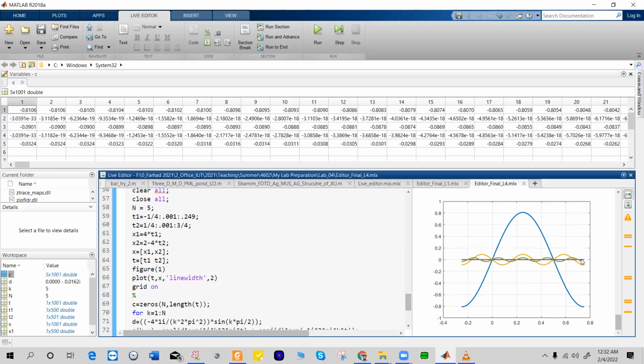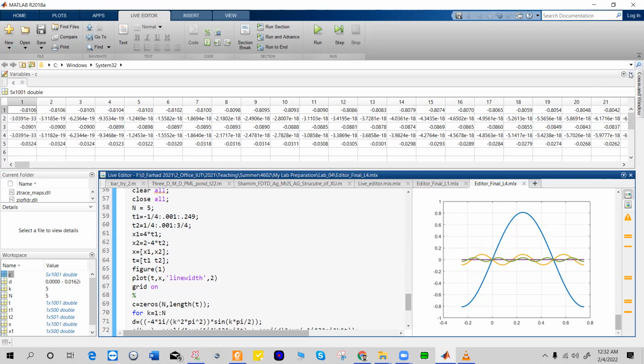That's why you can see one straight line on the axis, that is y is equal to 0. Again, for k is equal to 3, we have some data available. So the yellow line is for k is equal to 3. For k is equal to 4, again 0. And for k is equal to 5, we have the green line.